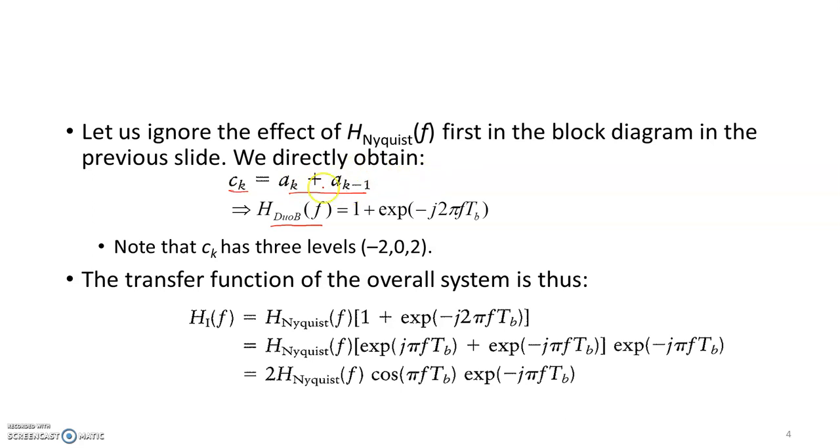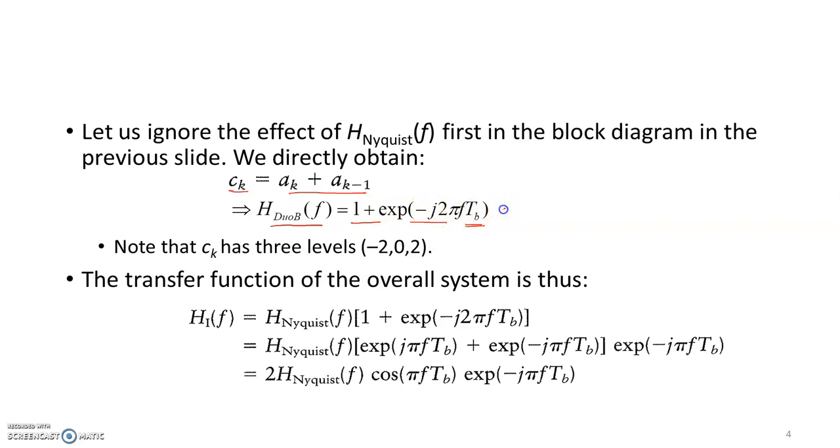A_k is the input, and the output is A_k plus A_{k-1}. So the frequency response will be the input multiplied by one, plus a delayed version. Here I can apply the time shifting property, so the frequency response is 1 plus e^{-j2πfT_b}, where T_b is the bit duration.